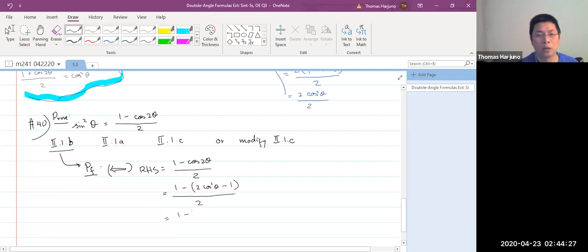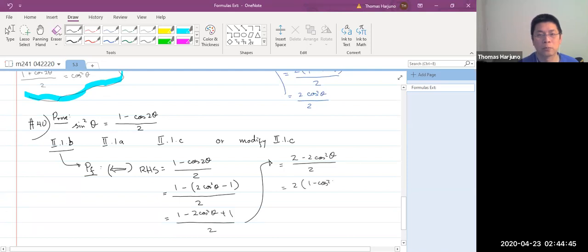That's 1 minus 2 cosine squared theta plus 1 over 2. Then continue here. That's 2 minus 2 cosine squared theta over 2. I will factor the 2. Cancel the 2, which will give me sine squared. Okay, that's the left hand side.